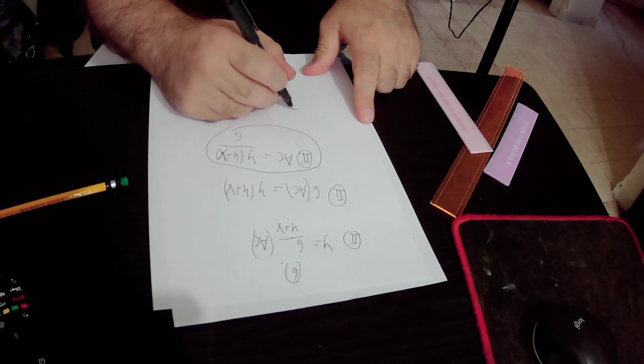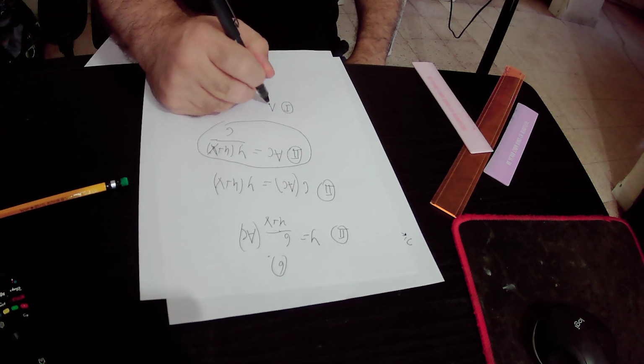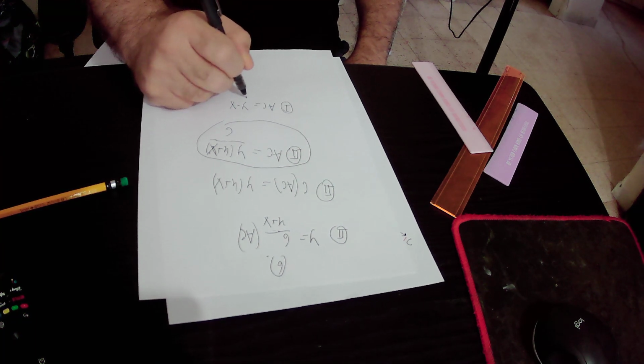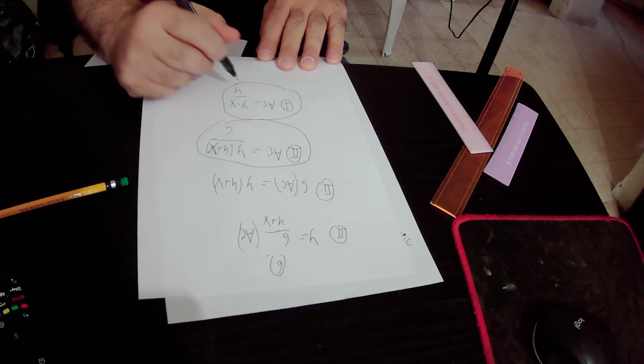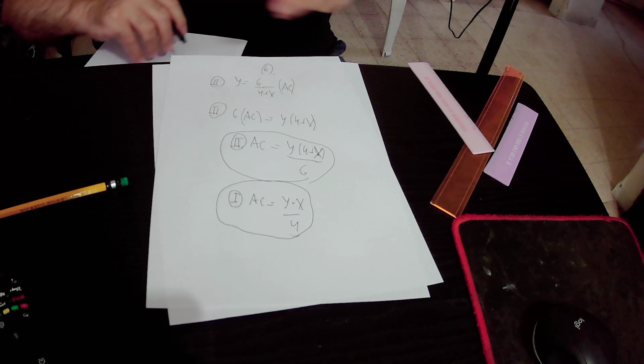And according to equation number 1, the value of AC is actually Y times X over 4. Okay, so we have the value of AC in equation number 2 and equation number 1.